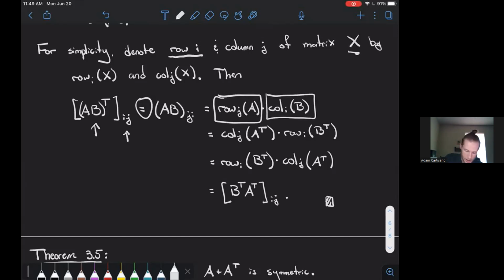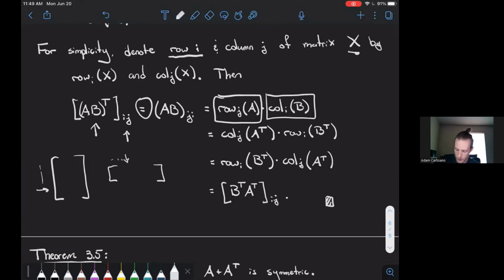You just go to row j of A, and then you've got B, which has the right number of rows and columns, and you go over to column i. I've got to make sure that sizes work out. Okay, great. Then you do the dot product of those two things. That is precisely the ji entry of the product AB.